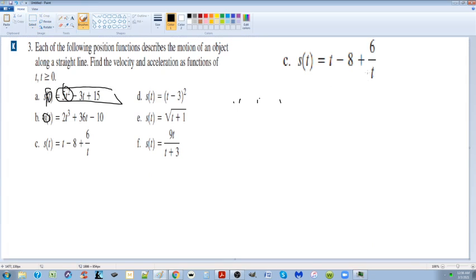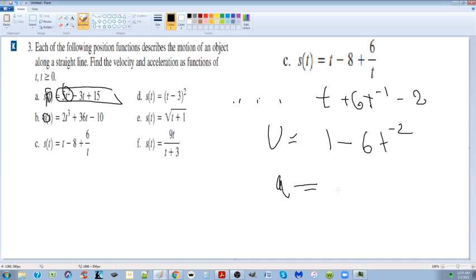First derivative, let's rearrange it. I'm going to get t plus 6t to the minus 1, minus 8. This 8's almost useless, right? First derivative, 1 minus 6t to the minus 2. So that's good to know. And that's velocity.